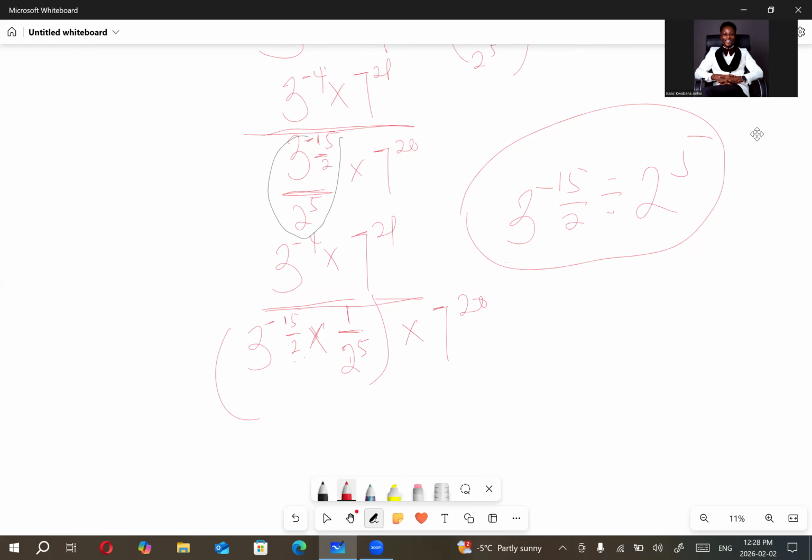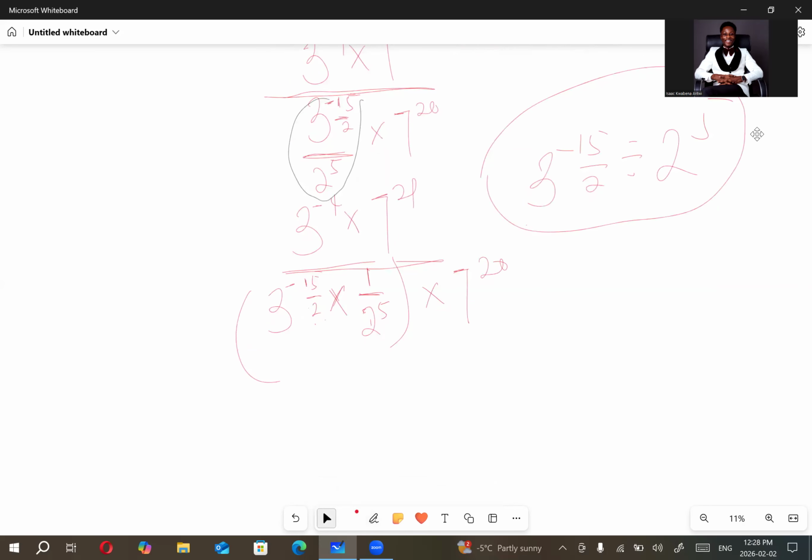It's also in standard form. The square root of 3 exponent 15, I'm sure it's also in standard form. Okay, let's see.